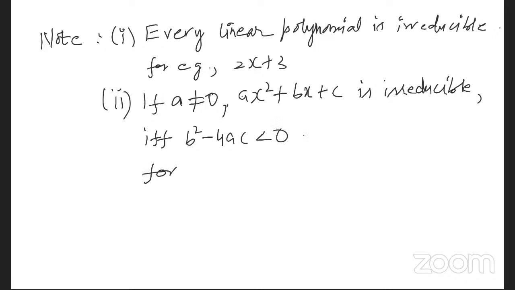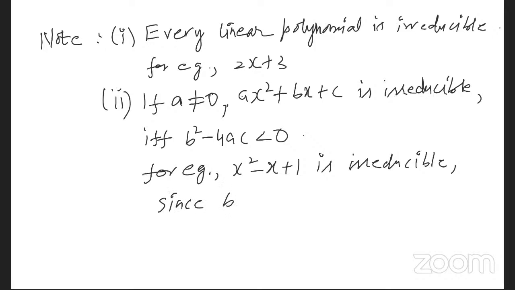For example, x square minus x plus 1 is irreducible. Why? Since b square minus 4ac is less than 0. What do you get? You get minus 3, which is less than 0. So if b square minus 4ac is less than 0, it is irreducible. Is this clear? Reducible and irreducible polynomials.